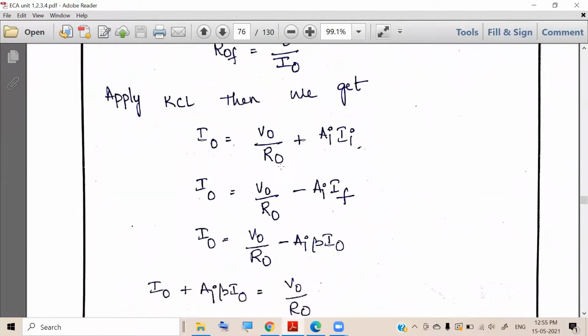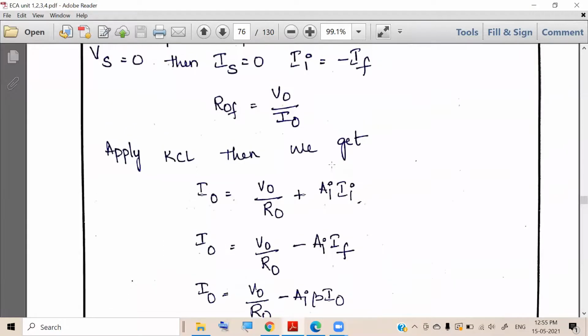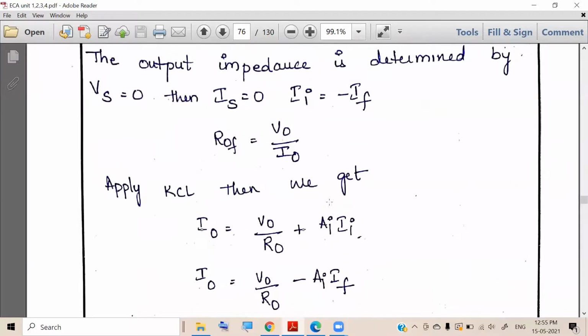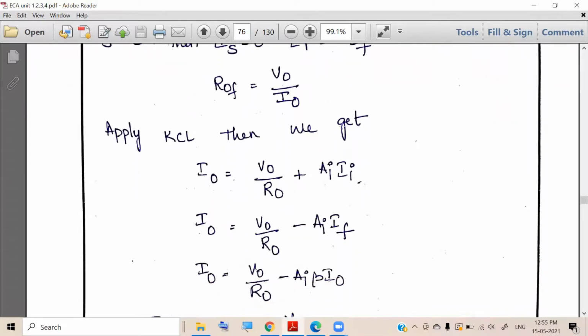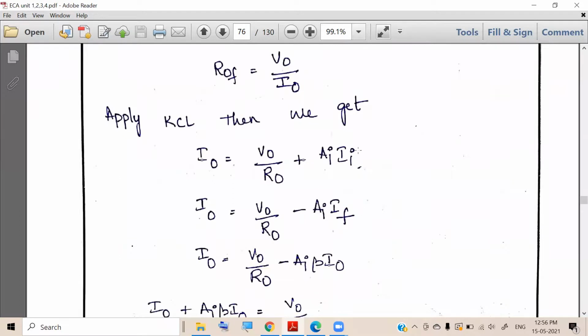The rule for finding output resistance is IS is 0. If we make IS 0, then II, which is actually IS minus IF, becomes minus IF. So in place of II, we write minus IF, keeping the remaining two terms as they are.